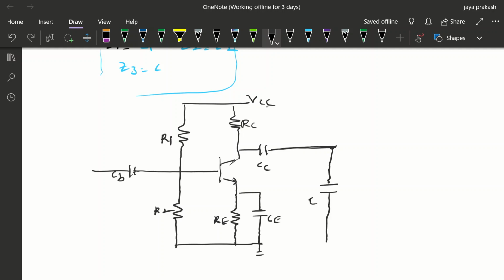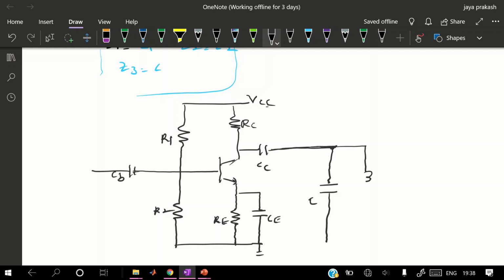This is C and this is the inductor, and in between it is grounded.